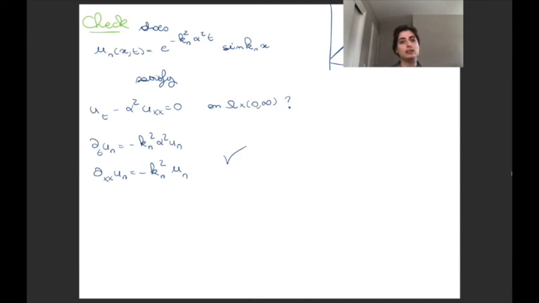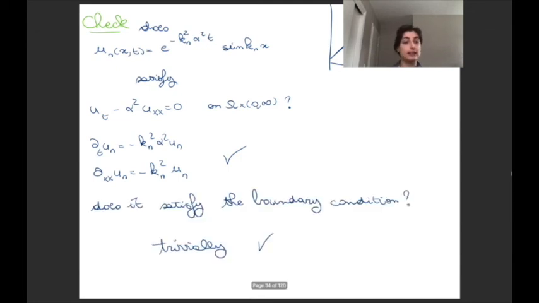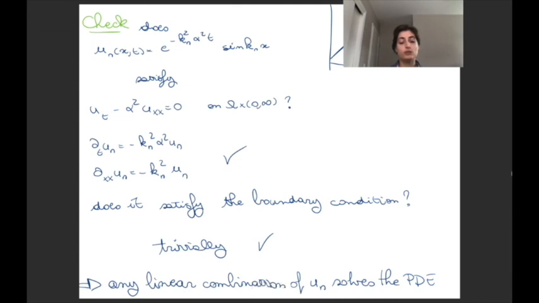So yes, they satisfy the heat equation. Do they satisfy the boundary conditions? Trivially, because sine k_n x satisfies the boundary conditions. So any linear combination of u_n solves the PDE, excluding initial conditions.